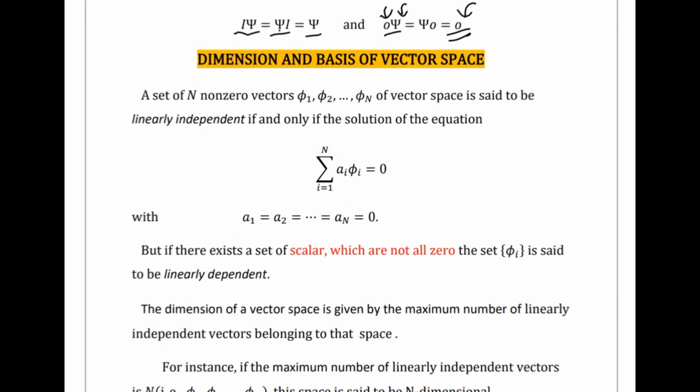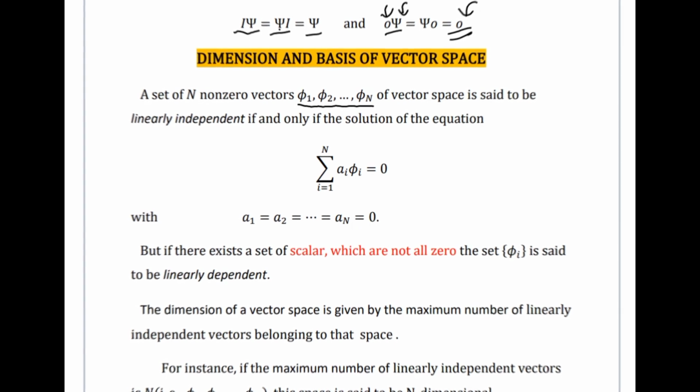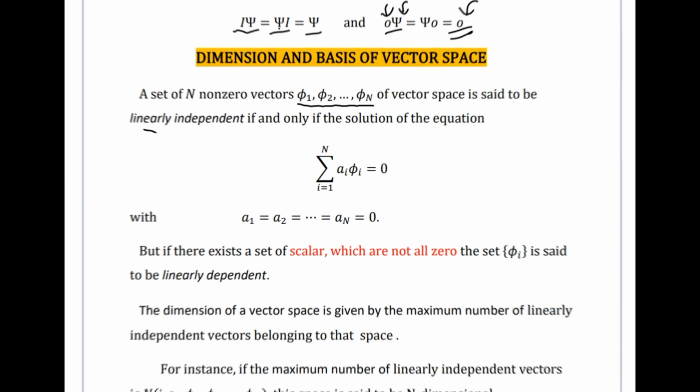Dimension of vector space. Suppose our vector space has n vectors, phi 1, phi 2, dot dot dot dot phi n. Is said to be linearly independent.